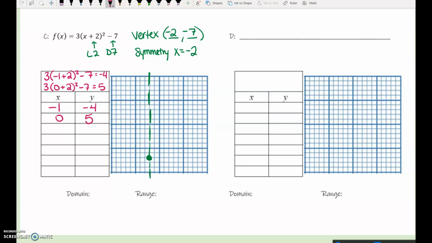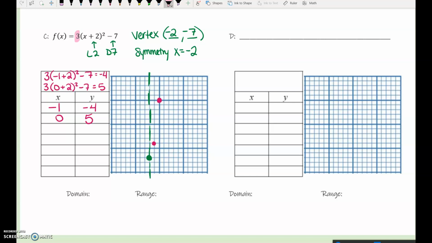So I've got the points -1, -4, and 0, 5. Does that parabola so far look like it's going to be super skinny? Does it make sense that it's going to be super skinny?